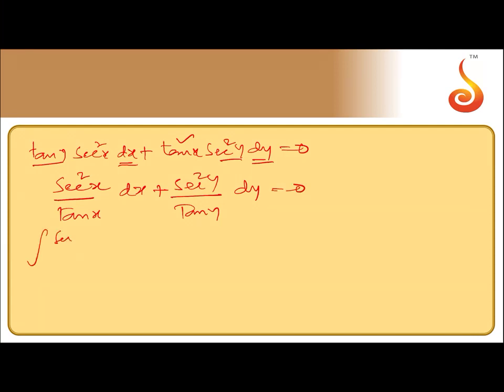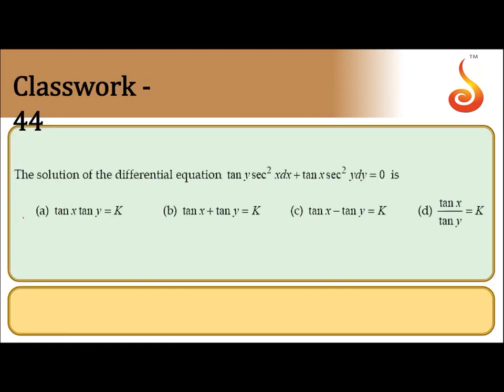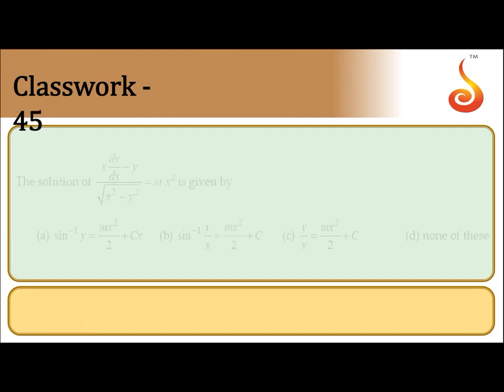Now integrating both sides, the integral of secant square x by tan x dx plus the integral of secant square y by tan y dy is equal to log c. This is f dash by f form, and therefore log of tan x plus log of tan y is equal to log c. Eliminating the logarithm, you will get tan x multiplied by tan y is equal to c. So the answer for the problem is tan x into tan y is equal to constant.